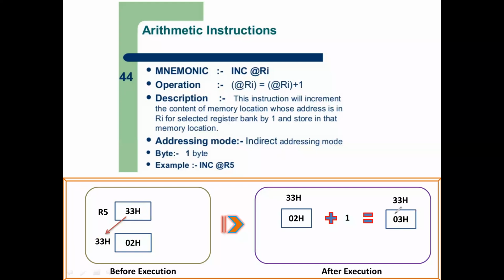This result is stored in that specific location, that is at R5. At, in the sense of address. At R5 means at 33. At 33, the result is stored. This is not register addressing mode. It is indirect.